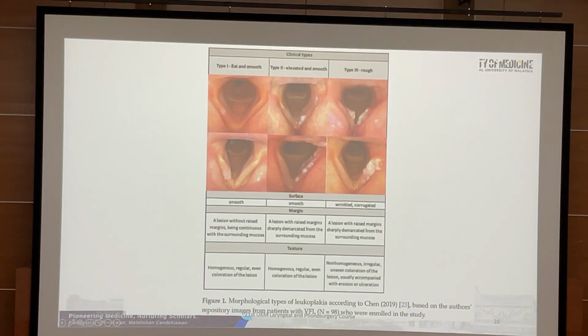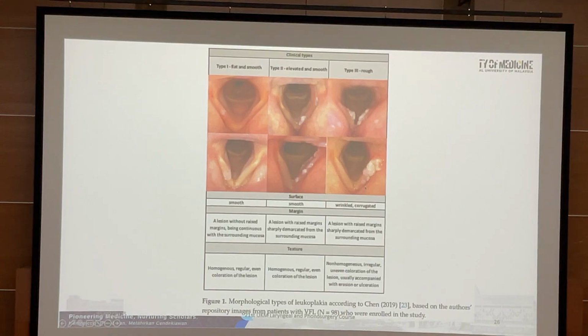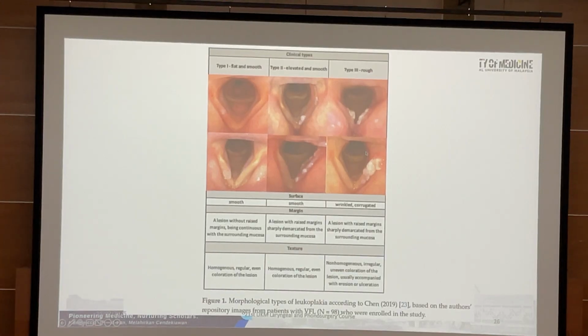Type 1 is smooth and flat. This is not high risk for malignancy. Type 2 is elevated and smooth, there's elevation, but the surface is smooth. And the other one, type 3, is elevated with a rough surface. The type 3 is very high risk of malignant tumor.